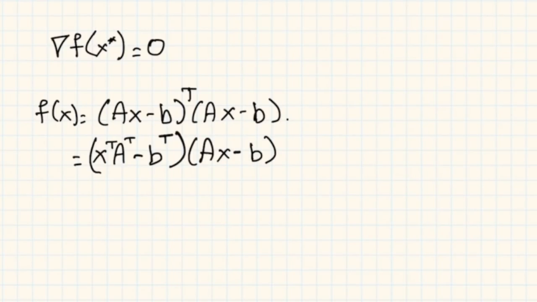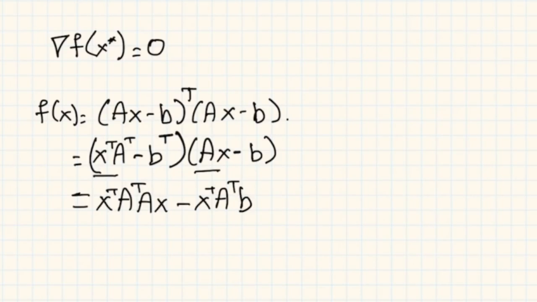Now if we expand this, we get x transpose A transpose ax as the first term, minus x transpose A transpose b, then minus b transpose ax, and the last two terms give us plus b transpose b.